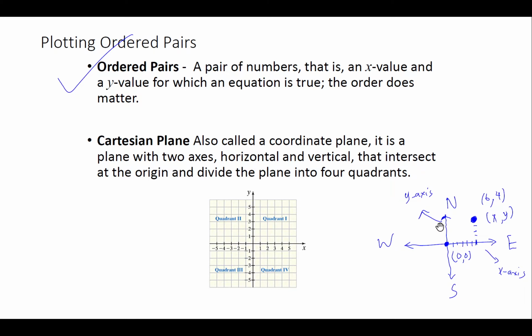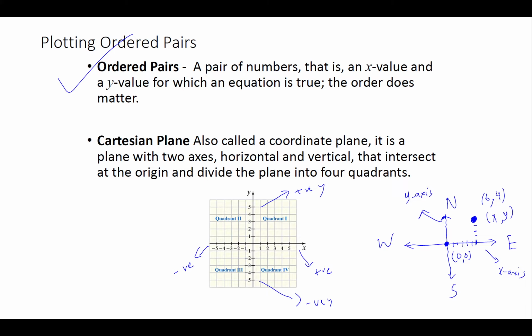As I mentioned, if you go to this side on the x line, that's a positive x value. If you go to the left side, that's a negative x value. If you go up, that's a positive y, and if you go down, it's a negative y. So in the first quadrant, you have positive x and positive y.